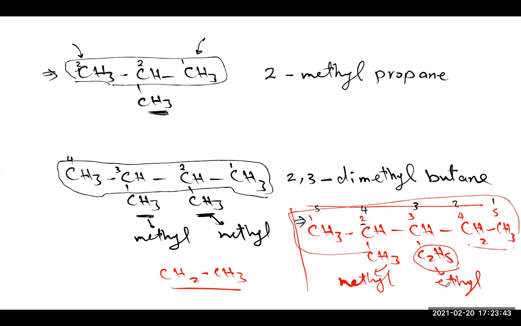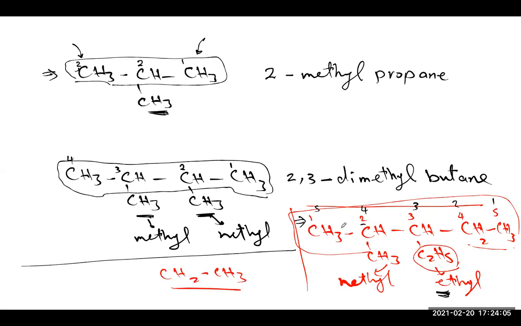But most of the time we will go with alphabetical order, so the alphabetically first substituent should take the lowest number. If the ethyl can take 3 or 2, we will go with ethyl at 2, because ethyl is alphabetically first. But actually here the ethyl takes the same number, so there is no difference if we count from right or left.